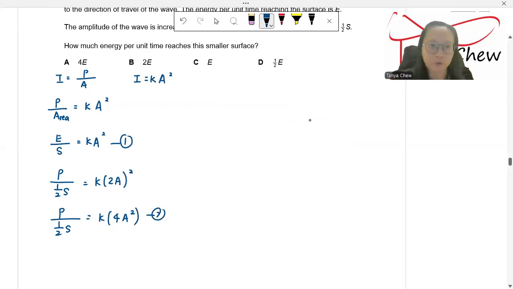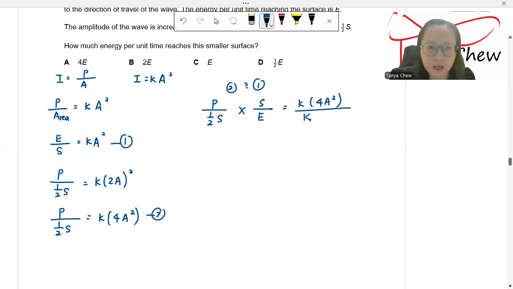I divide the second equation by the first equation. P over 1 over 2 S, I straight away invert it, S over E, is equal to K 4A squared divided by K A squared. Now, S and S I cancel, A squared and K I cancel off. I have P over 1 over 2 E is equal to 4.